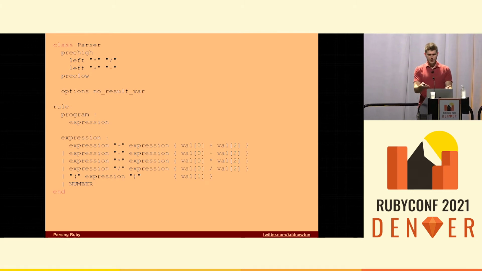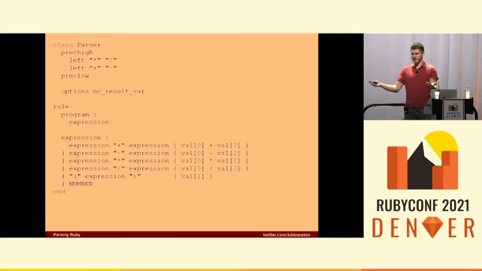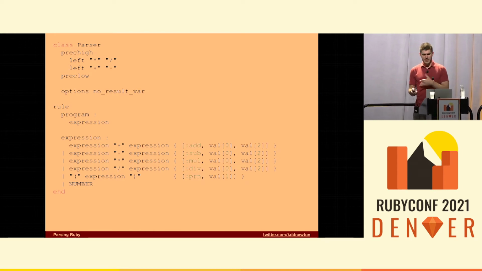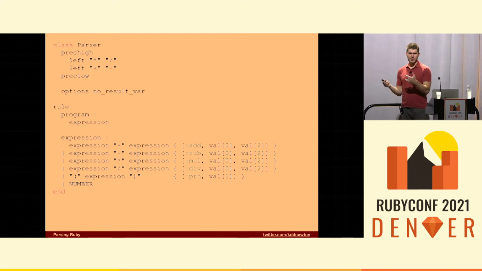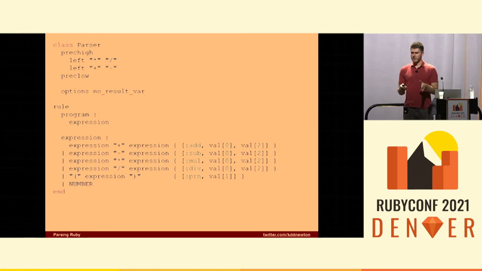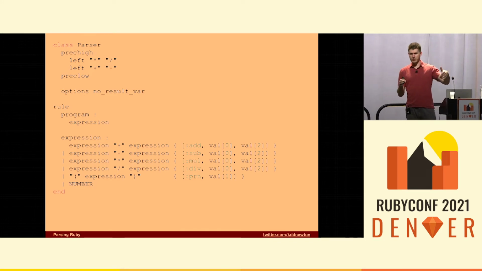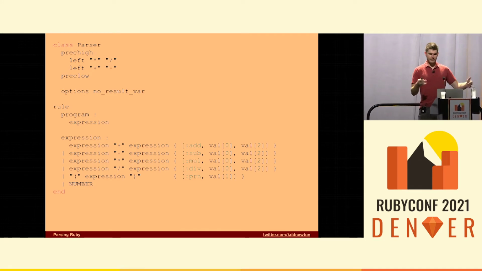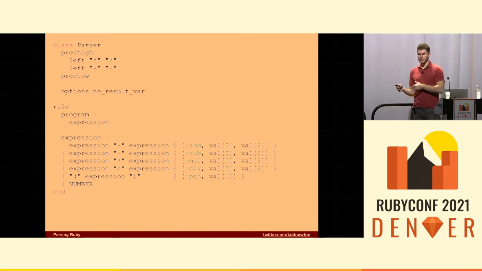So if you find an expression plus an expression, you're going to do the value plus the value. You can also do something like this, which is building up a syntax tree. This is what was done in Ruby before 1.9. We built up a syntax tree, and then in order to execute Ruby, it walked over that tree and understood what it was doing over time. This is as opposed to building a bytecode interpreter, which is what YARV was in Ruby 1.9.